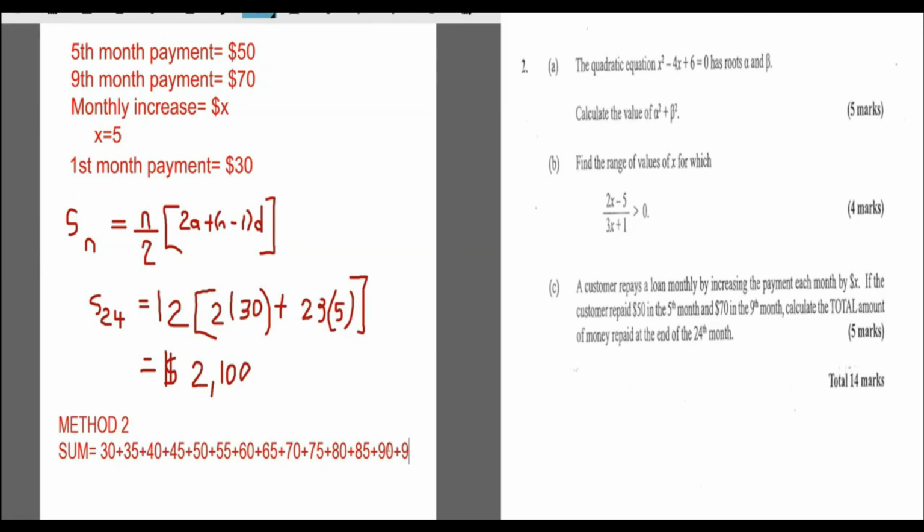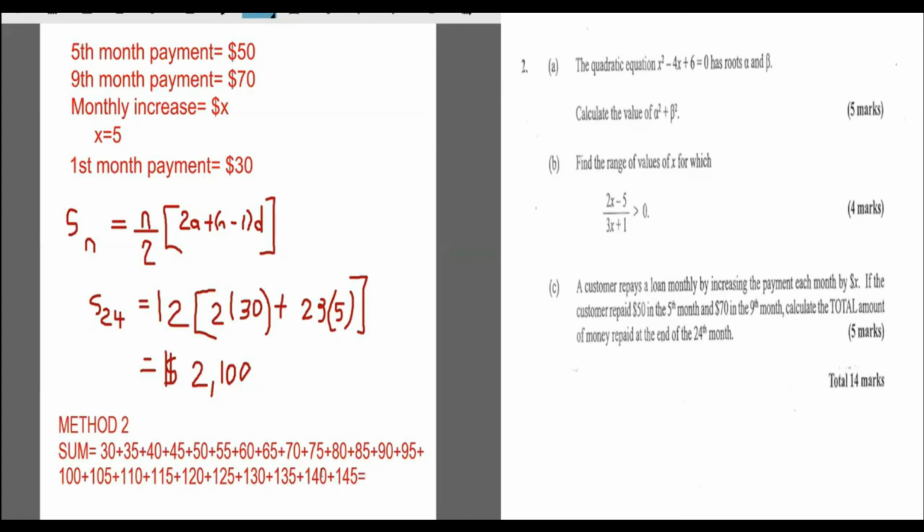Plus 95 plus 100 plus 105 plus 110 plus 115 plus 120 plus 125 plus 130 plus 135 plus 140. How many is that now? Up to 23, plus 145. That would have been 24.